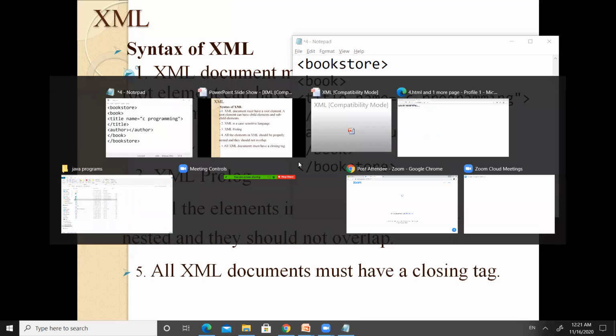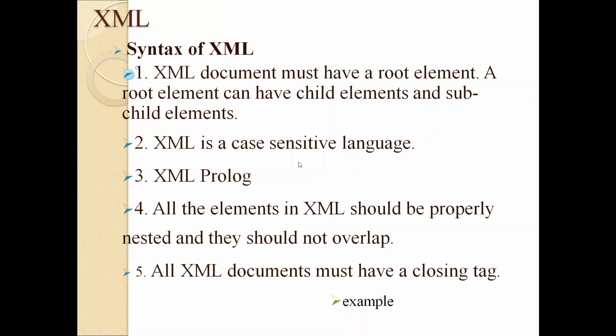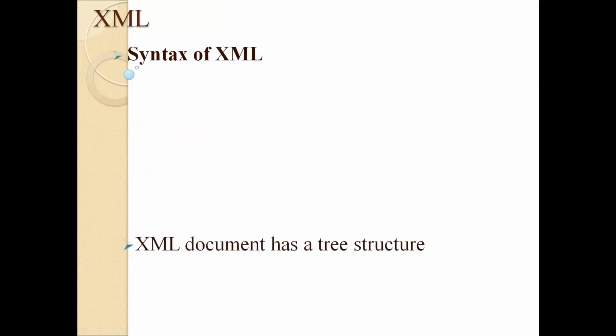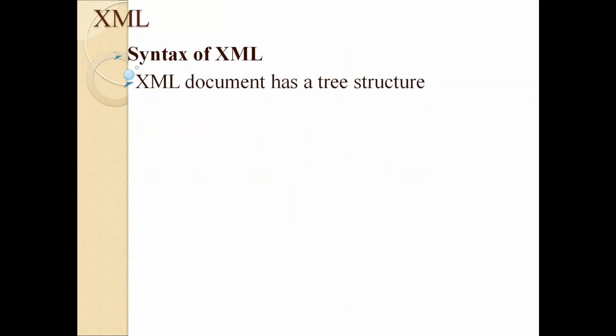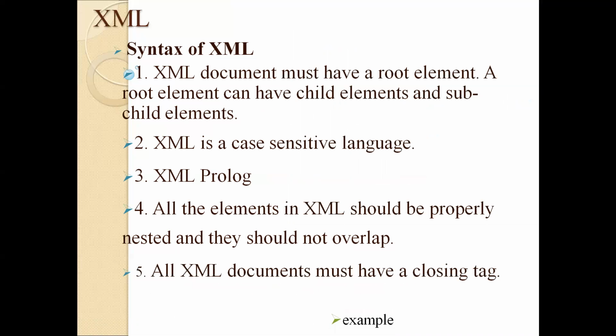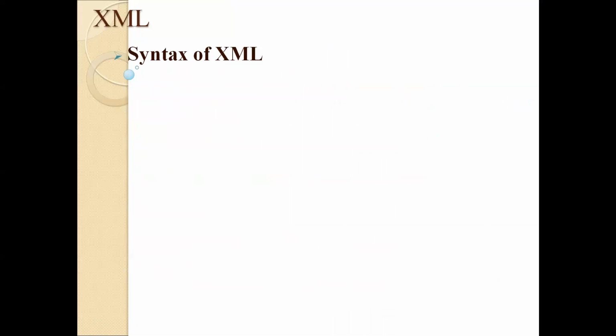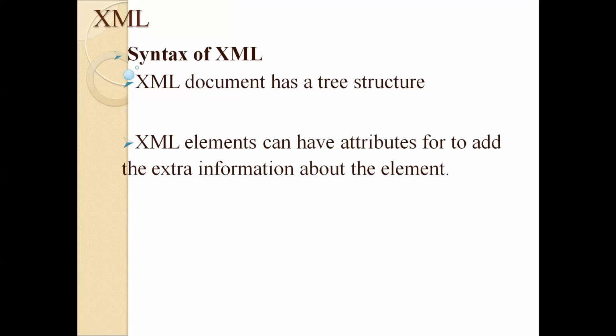Next one. Next one. I will show the example later. XML document has a tree structure. See here, XML elements can have attributes to add extra information about the element.